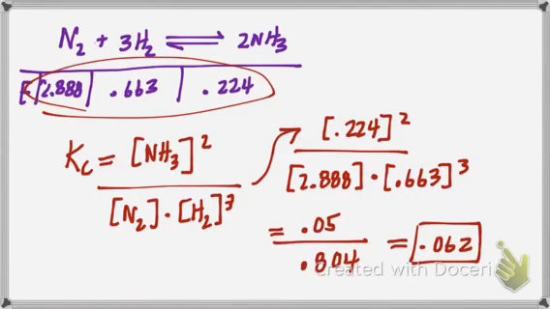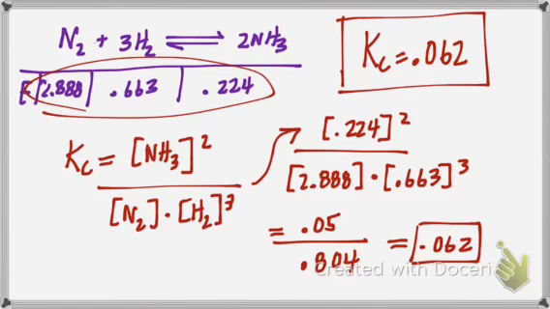So when I fill in everything and run my numbers, and you guys know me, I'm going to do it the easiest way possible. I took my stuff on the numerator and multiplied that, and I got 0.05, and then I took everything in the denominator, followed the order of operations, and multiplied everything together to get 0.804, and then I went ahead and divided that. My KC value for this equation is going to be 0.062. And that's the actual answer for all of that stuff for the ICE chart.